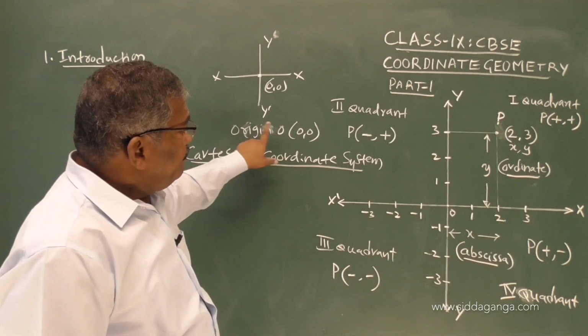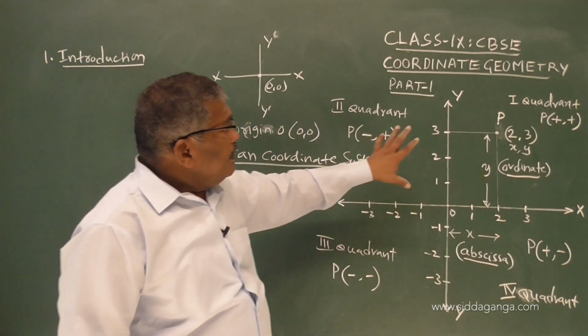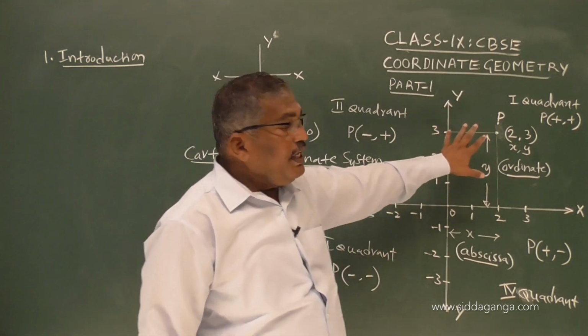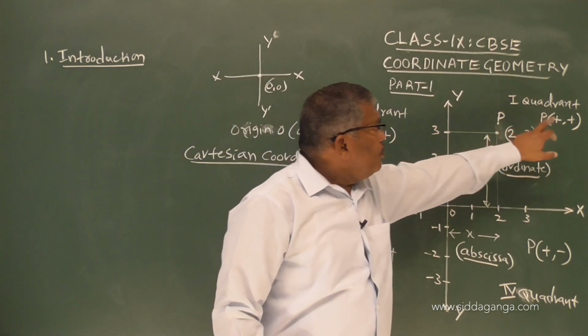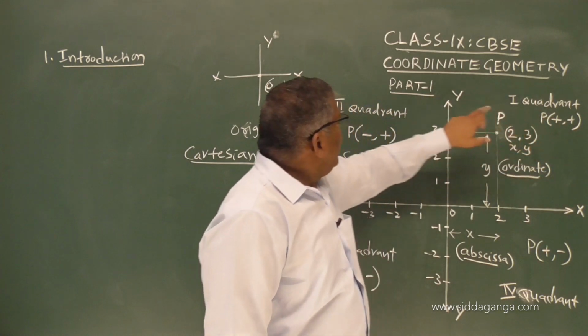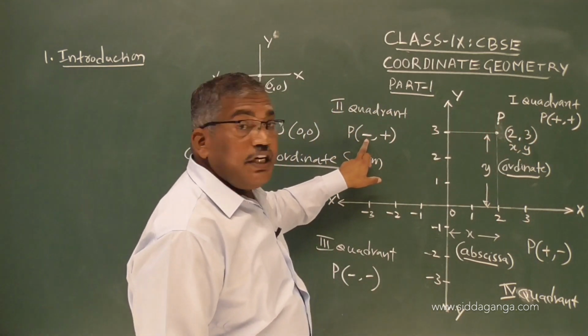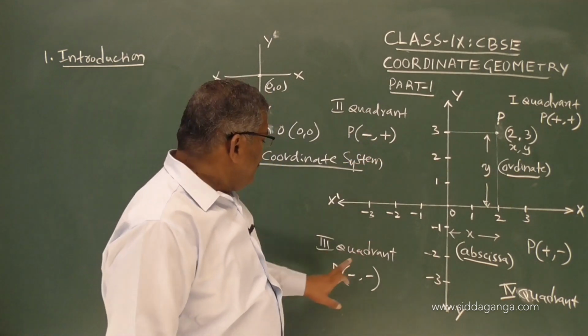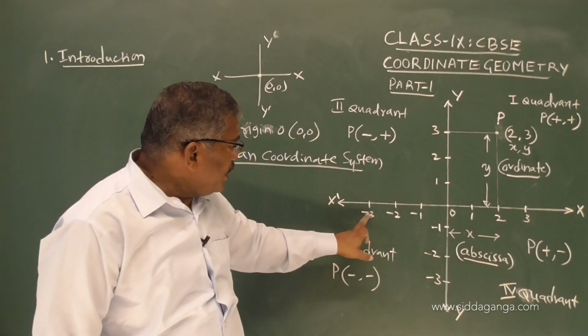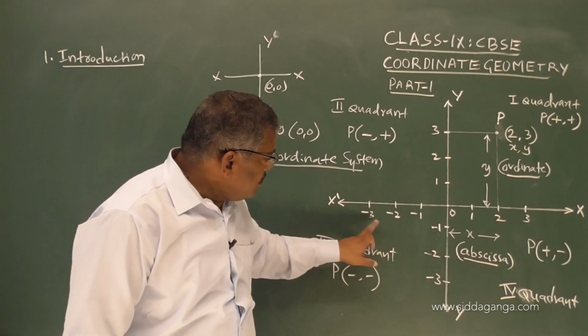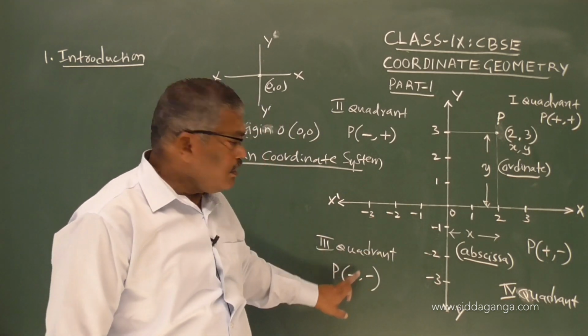So the values of P in the first quadrant, both are positive. The values of P in the second quadrant, x is negative, y is positive. In the third quadrant, both are negative. You can look at these negative signs, you can understand this.